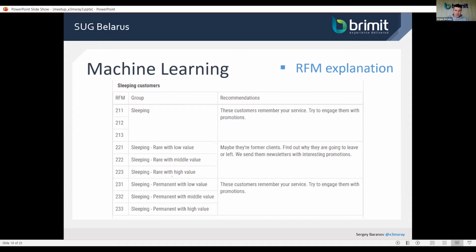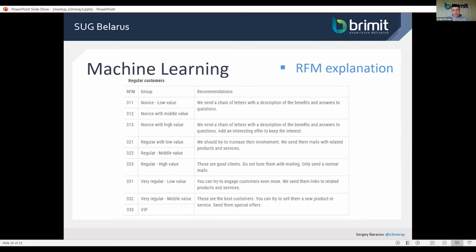They are also divided into 9 groups, but for my demo, they are not interesting. The third group is new users, regular users, and VIP users that have the biggest values of RFM.